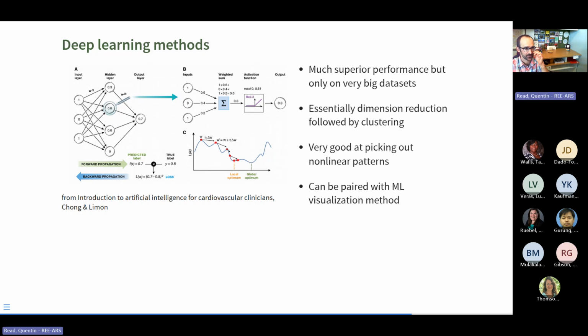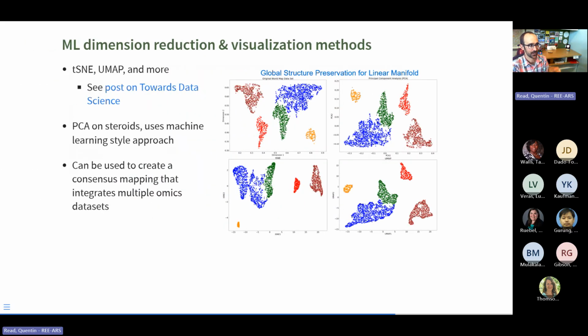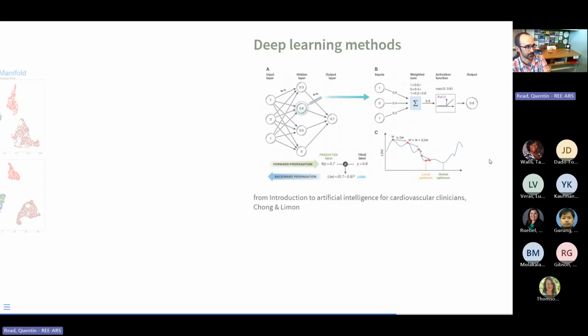A lot of times what people do is fit a deep learning model to an omics data set, and then in a second step, stick the results into one of these machine learning visualization methods, like I just talked about, mainly to make a cool graph showing the results. It's kind of a two-step approach.